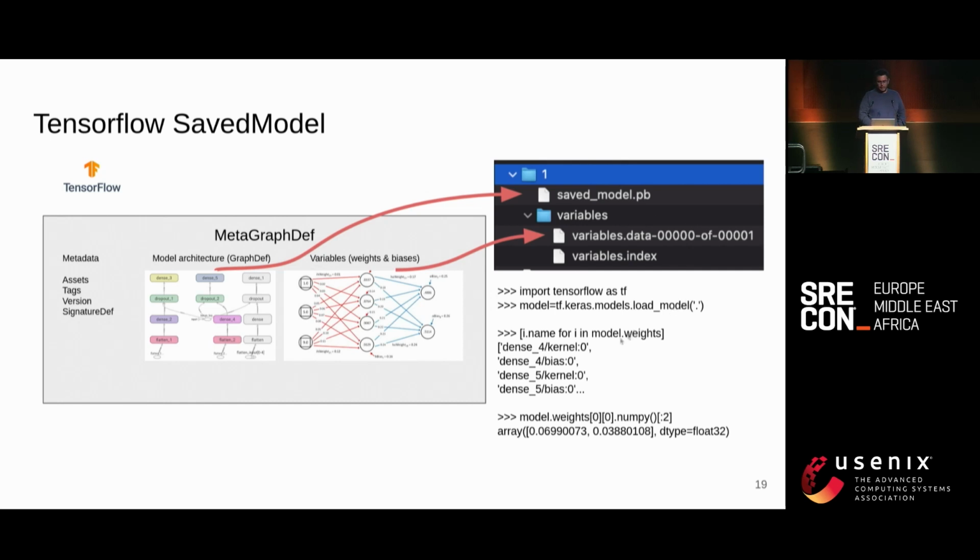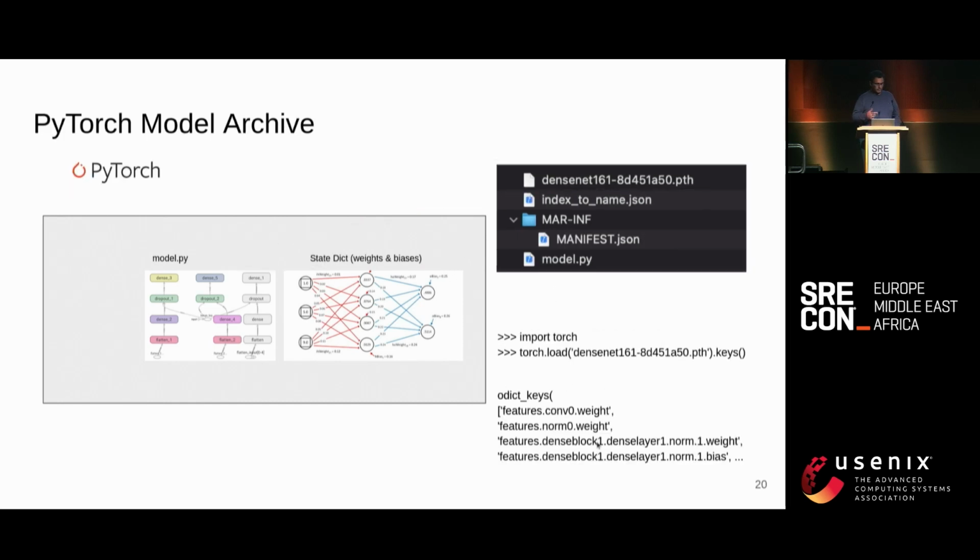I can load this file, I can inspect it, I can see the names of the keys of this array, which is essentially the name of the kernel, the name of the neuron, and the value has the floating point. Same story with another format. PyTorch has the PyTorch model archive.